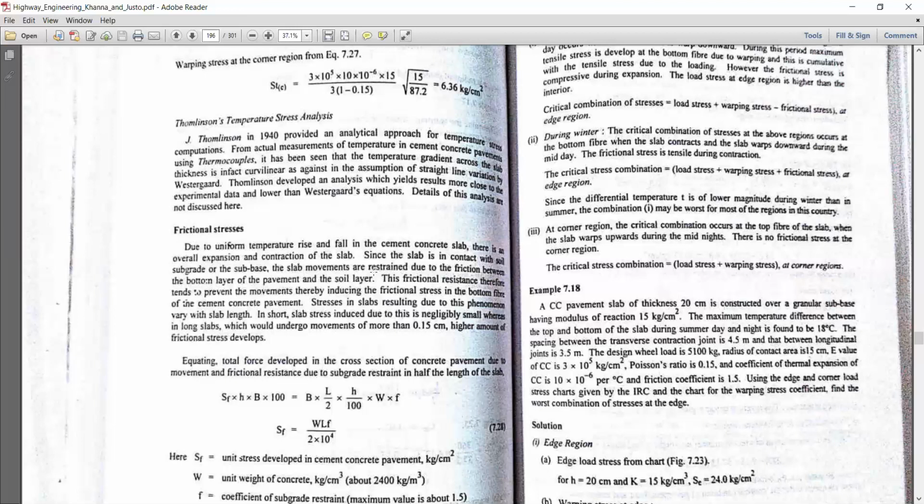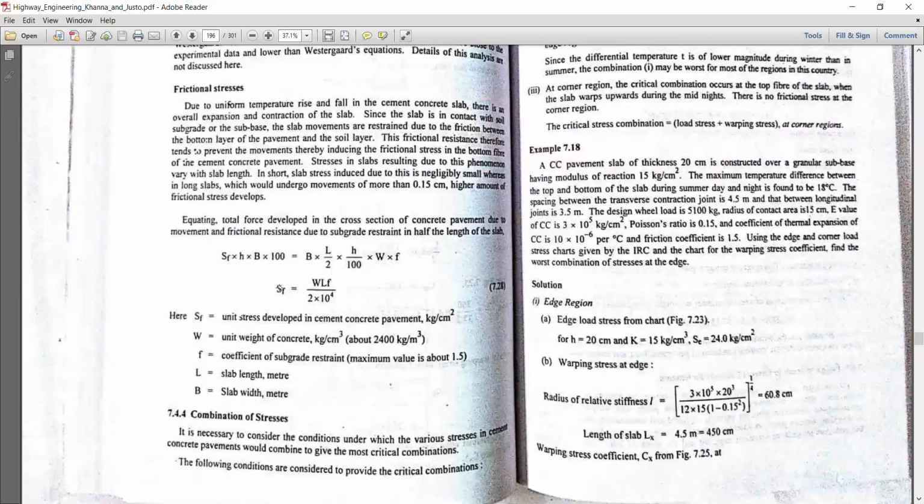How are we going to identify the friction? Here is an equation: SF is equal to WLF upon 2 into 10 raised to 4. This equation is formed by equating the total force developed in the cross-section of the concrete area due to movement with the frictional resistance due to subgrade in half the length of the slab.